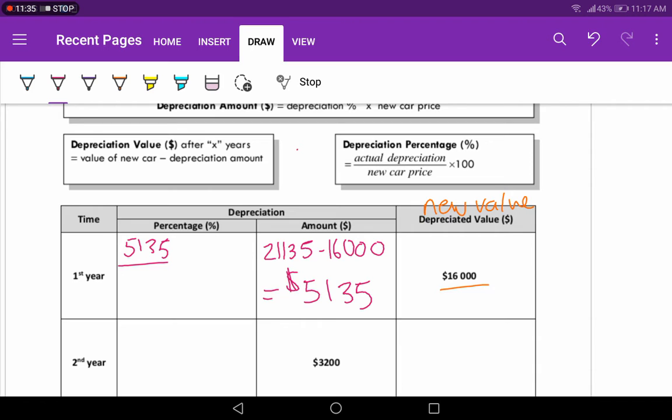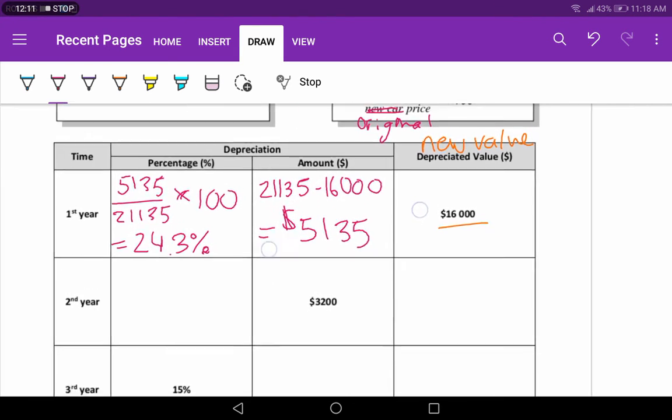So I'm going to change that from new car to original. The original price again was $21,135. To get that into a percent, because we know to go from a decimal to a percent, we have to multiply by 100. Type that in our calculator, we get 24.3%. So in the first year, our brand new car that we just bought is going to depreciate by 24.3%.